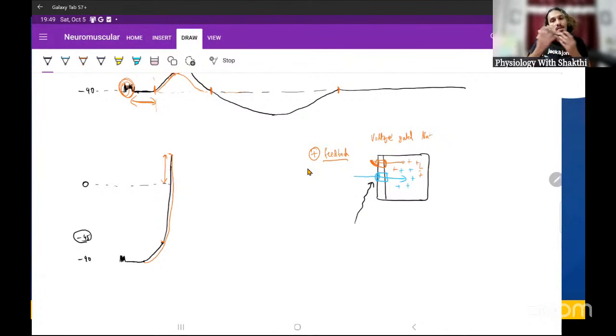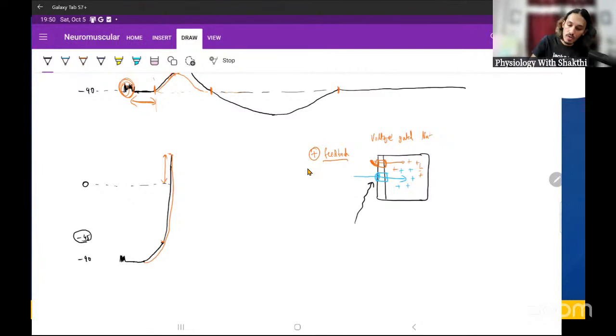But because of the mechanistic differences between these ion channels, potassium takes a longer time to open up. So this is one concept I want you to understand. That same stimulus which is coming from outside is stimulating both sodium and potassium ion channels. It's just that sodium is faster, so it got opened up faster.